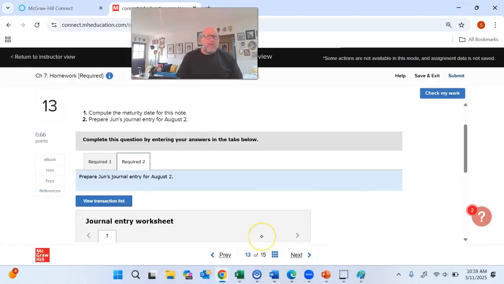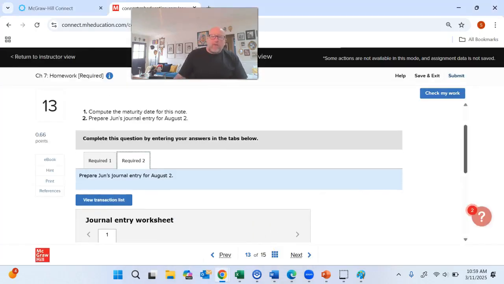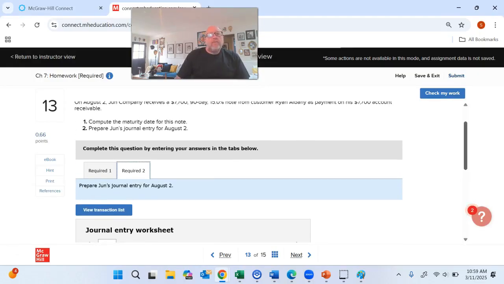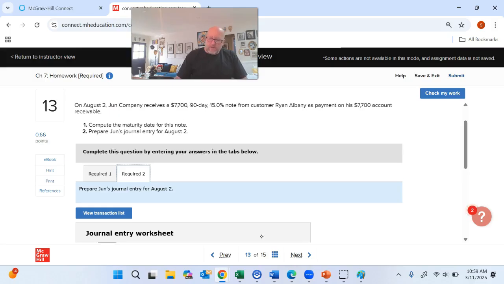What's the second requirement? The journal entry on August 2nd. And again, remember, we are converting accounts receivable to notes receivable.